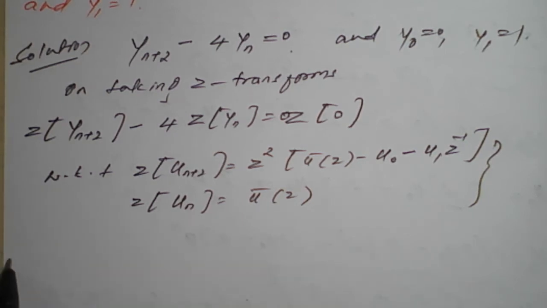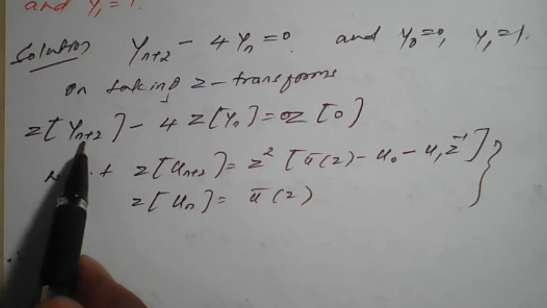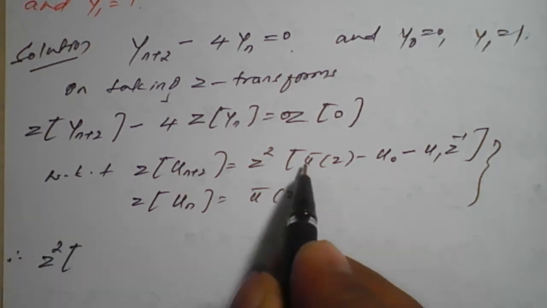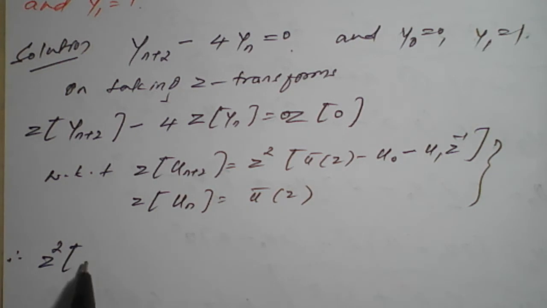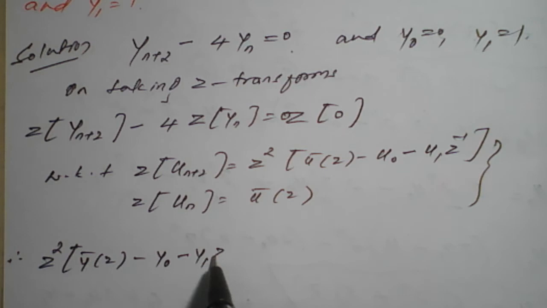So therefore z of y n plus 2 is nothing but z square into y dash of z minus y naught minus y1 into z raised to minus 1.